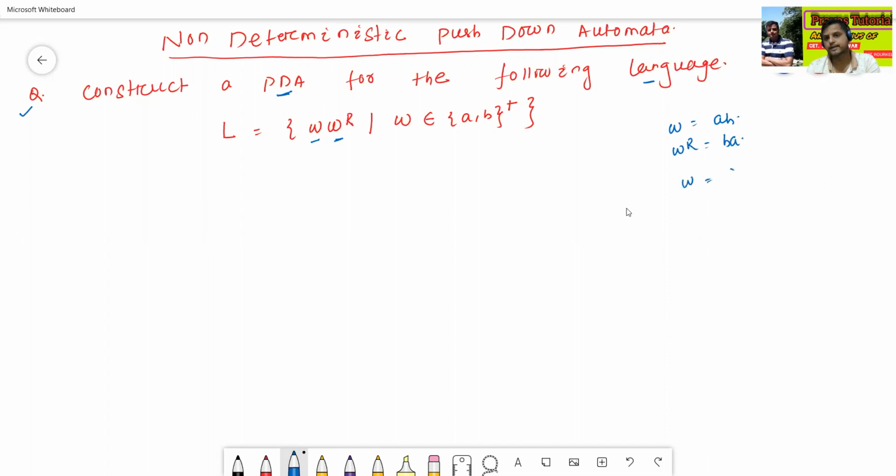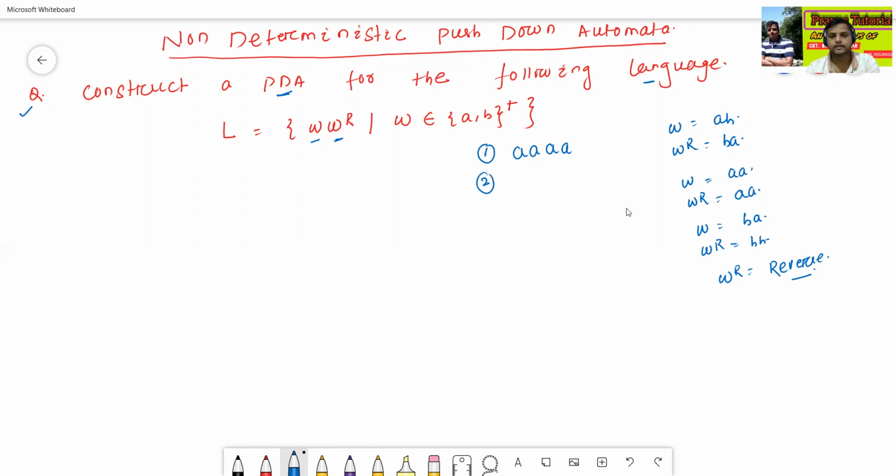If W equals AA, in this case W^R equals AA. If W equals BA, W^R equals AB, like this. That means we can get strings that look like this. W^R means reverse. W^R is called the reverse.